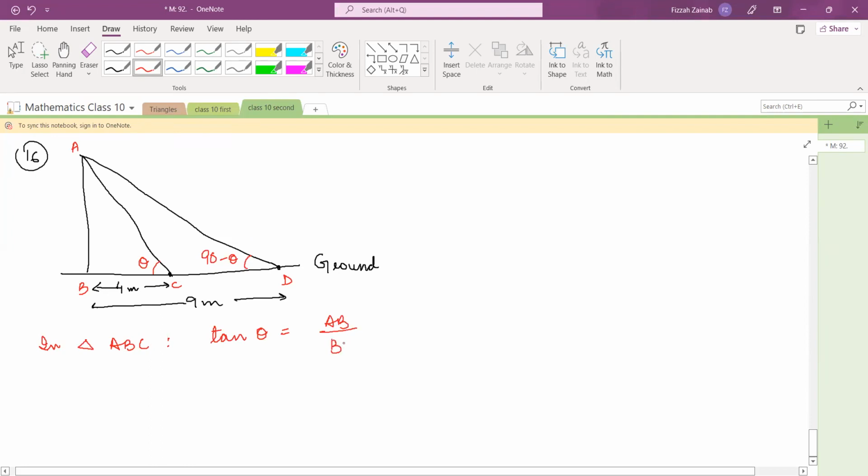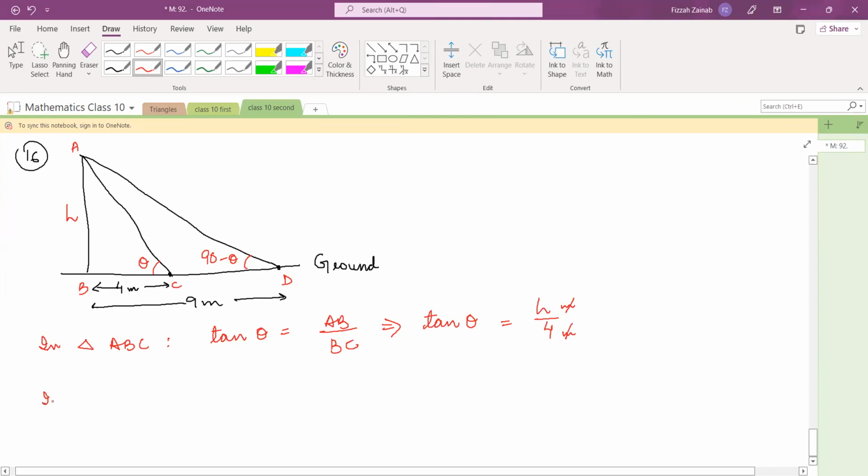That means BC, right? So tan theta will remain tan theta. If I just call it H just to avoid AB, so I can write H upon 4, clear? 4 meters, right? H is also in meters actually, so meter will be cancelled out. It is only H by 4, right?